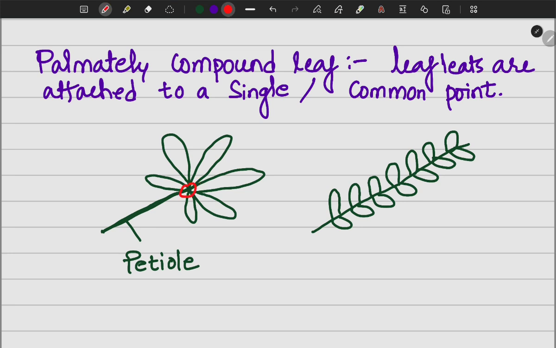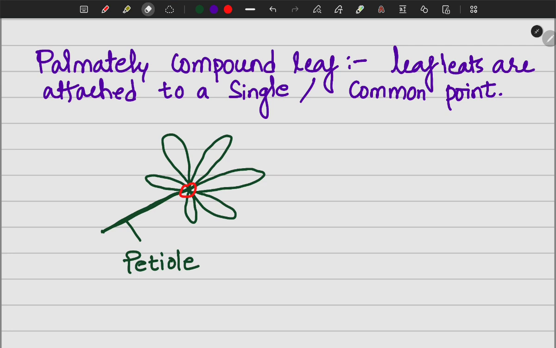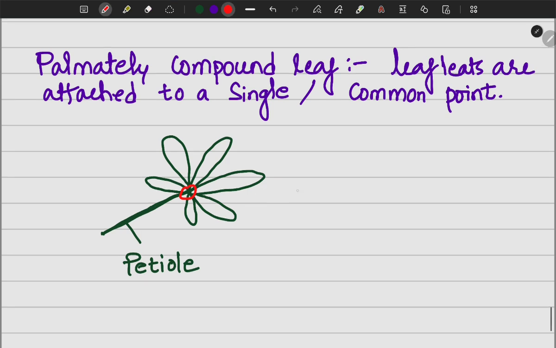The tip of the petiole. And it also looks like the palm. That's why it's called a palmately compound leaf. I hope it's clear to you. The examples given are silk cotton. If you look at the silk cotton, you will find a palmately compound leaf.